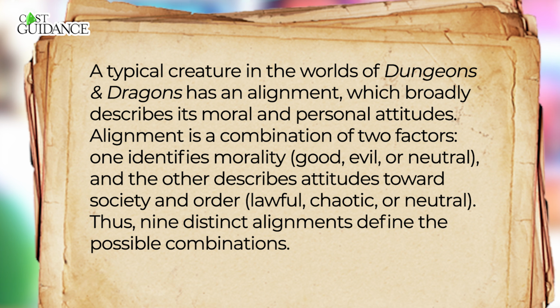Everybody turn to page 122 in the Player's Handbook and let's read it together. A typical creature in the worlds of Dungeons & Dragons has an alignment, which broadly describes its moral and personal attitudes. Alignment is a combination of two factors. One identifies morality: good, evil, or neutral, and the other describes attitudes towards society and order: lawful, chaotic, or neutral.